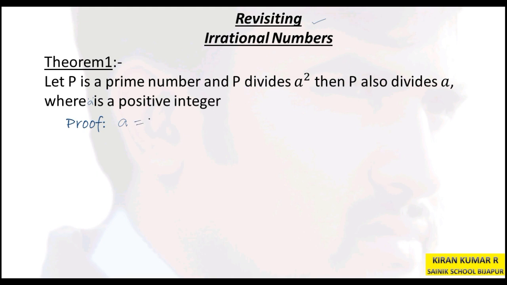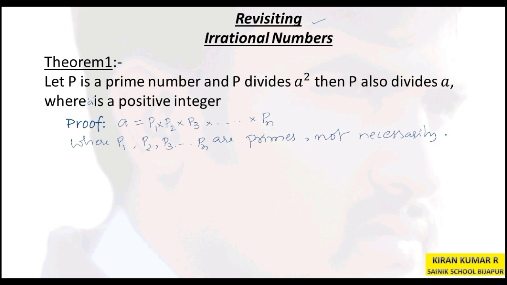Let the prime decomposition of the number a be the product p1 into p2 into p3 into so on till pn, where p1, p2, p3 till pn are primes, not necessarily distinct.